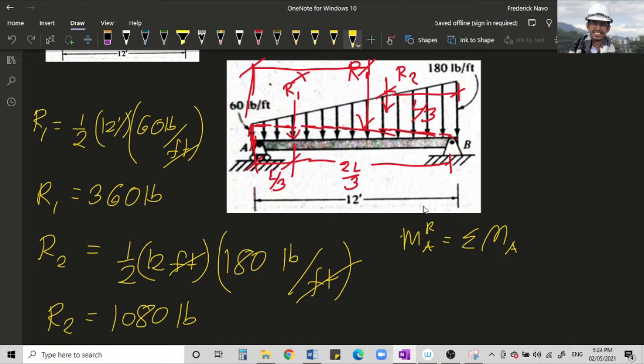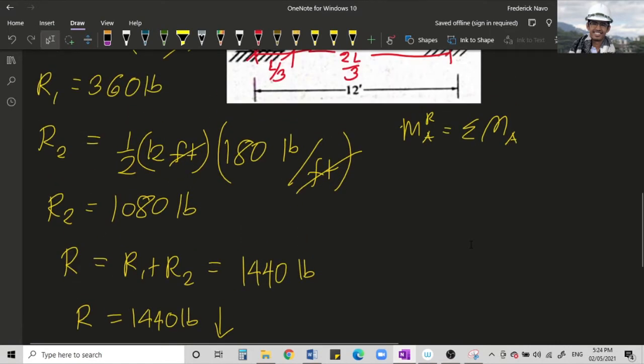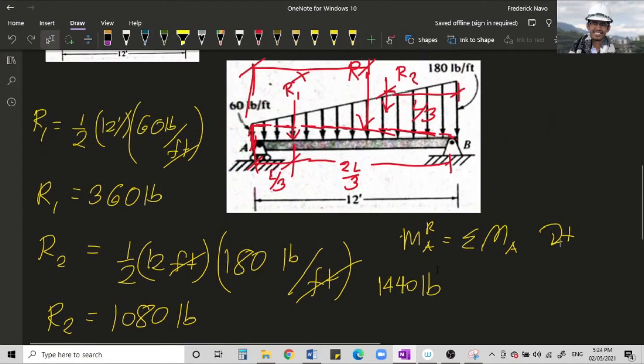So, that will be, yung moment resultant natin is 1,440 pounds. So, class, clockwise positive natin dito. So, that will be 1,440 pounds, clockwise siya times X. Tama? Is equal to summation moment ng dalawang forces, R1 and R2.